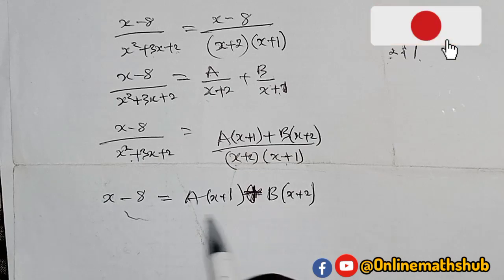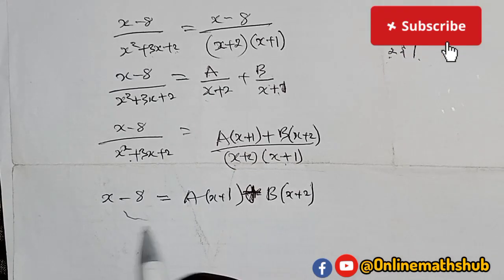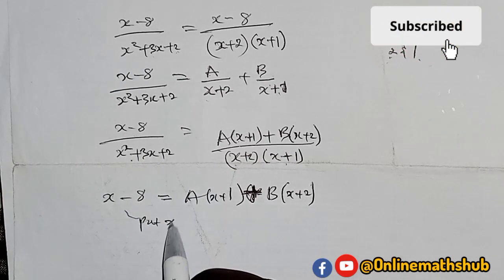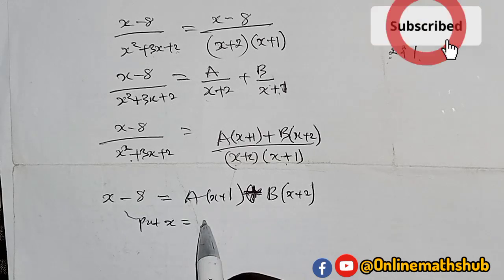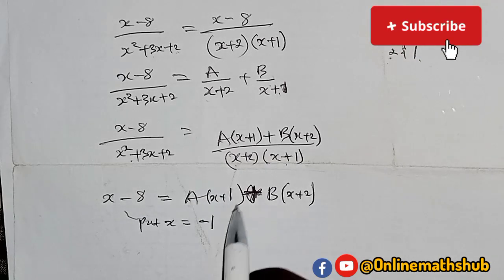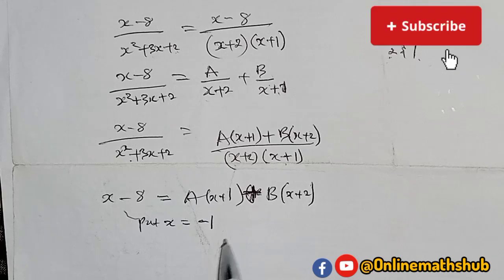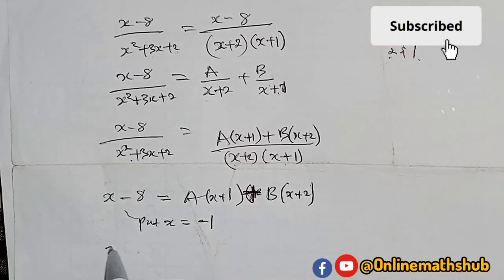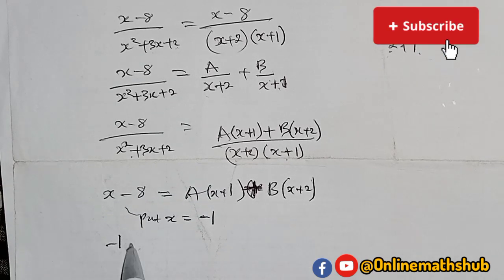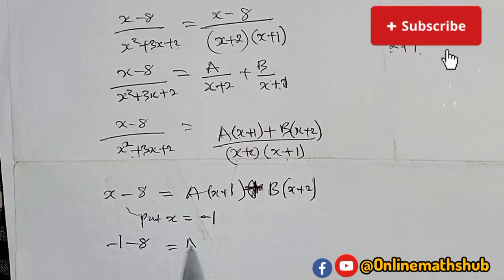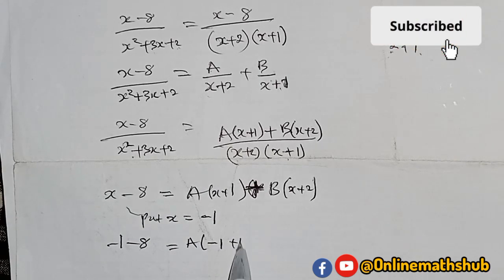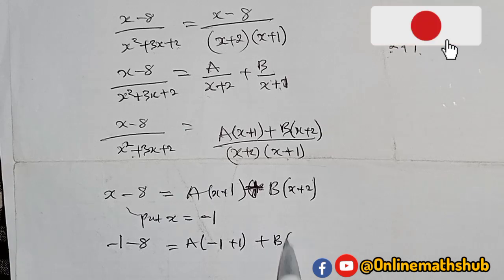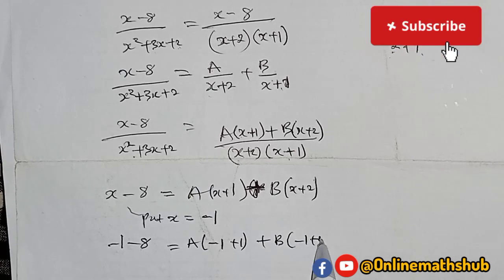To obtain the values of A and B, first I'll substitute x equals minus 1 so that I can remove this term and get my B. If I put that in, minus 1 minus 8 is equal to A into (minus 1 plus 1), plus B into (minus 1 plus 2).